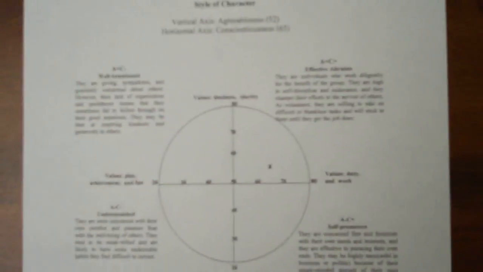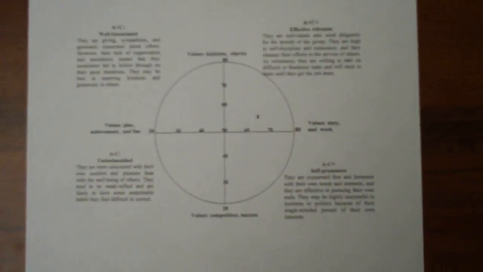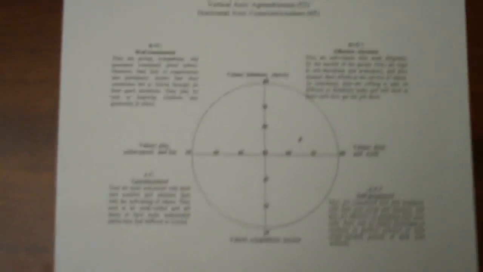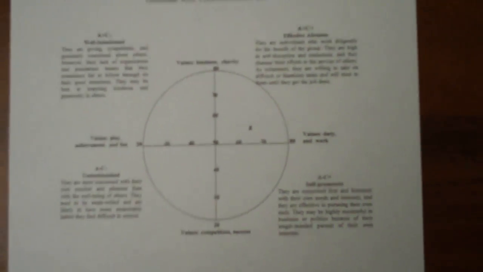Now, to help you interpret that, we also sent out an NEO style graph. And this is a sample chart, so in one sense it's already scored. Let's look at style of character. You notice for this style of character, you're comparing agreeableness with conscientiousness. And on this person's score, they had an agreeableness score of 52 and a conscientiousness score of 65. It also tells you what axis.